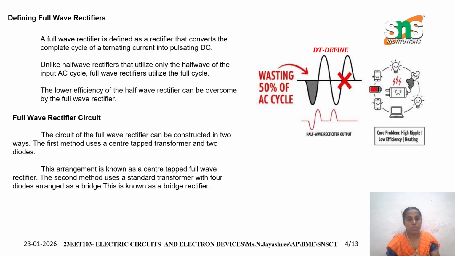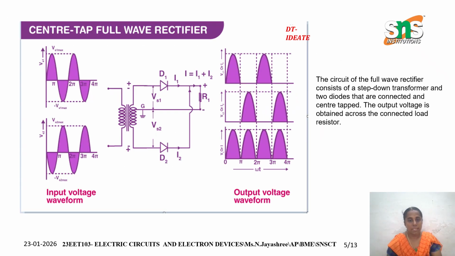The lower efficiency of the half-wave rectifier can be overcome by the full-wave rectifier. The circuit of a full-wave rectifier can be constructed with two diodes. In the half-wave rectifier circuit we already saw that only one diode is present, whereas in the full-wave rectifier, two diodes are present, at the top and bottom. This arrangement is nothing but a center tapped transformer.